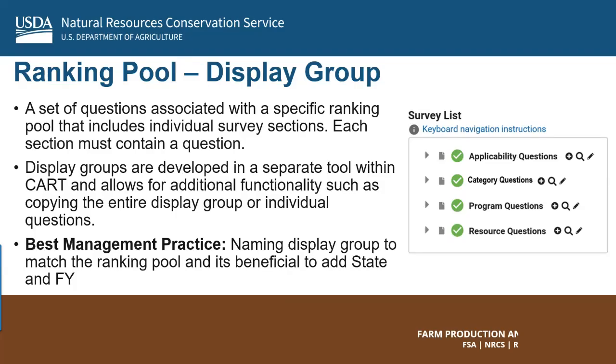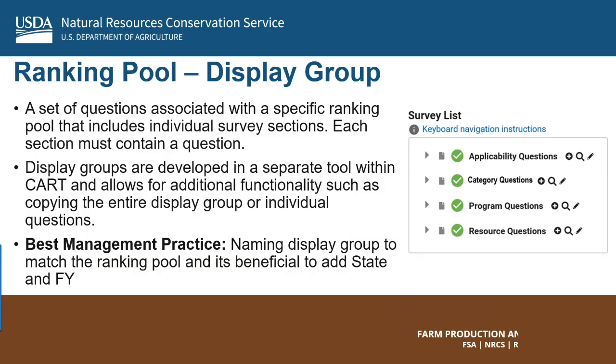So the display group is set up in a set of 4 question types: your applicability, your category, program, and resource priorities. And I'll go into detail about applicability and category as we go forward. But each of these sections are required to have a question. The applicability and category sections are limited to a single question.